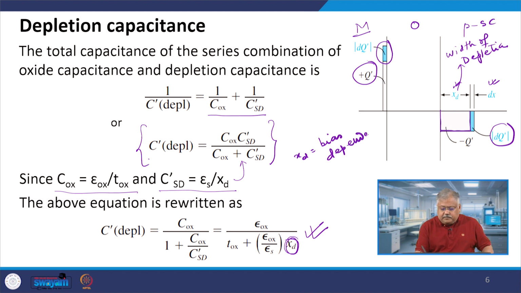Why? Because if you go on increasing the value on the metal side, your semiconductor side will also go on increasing in terms of depletion width. And what happens to my C depletion? The C depletion starts to go down, and the depletion capacitance starts to go down. This is for the depletion capacitance here.